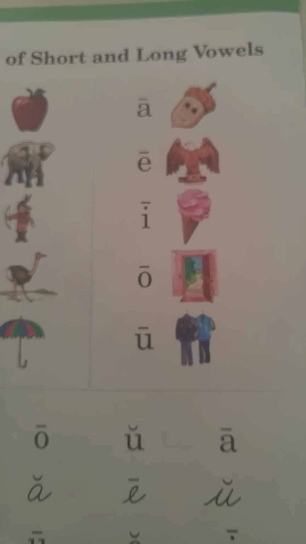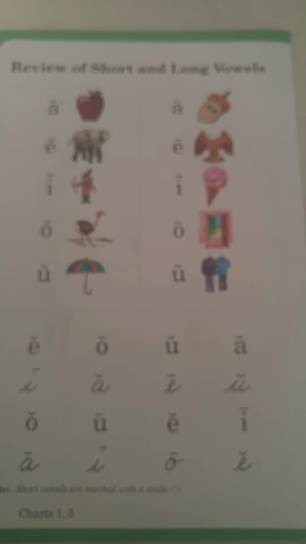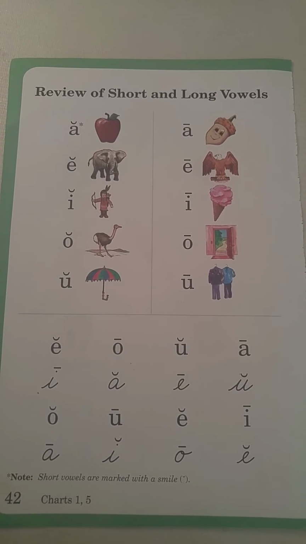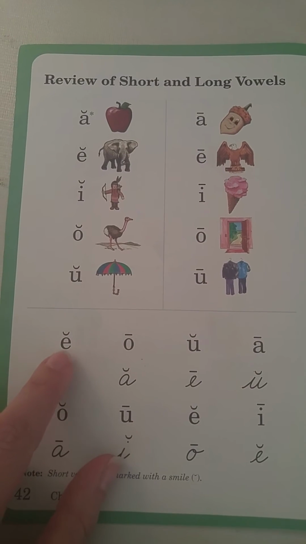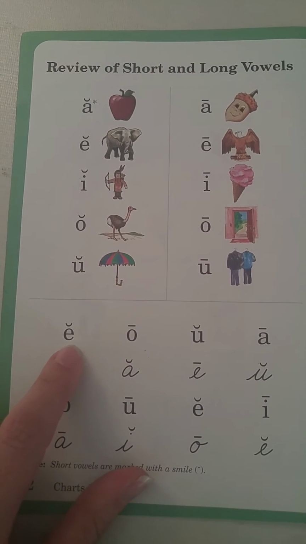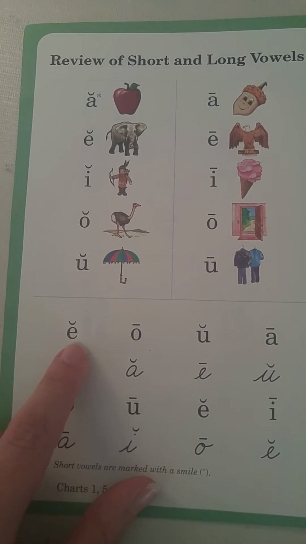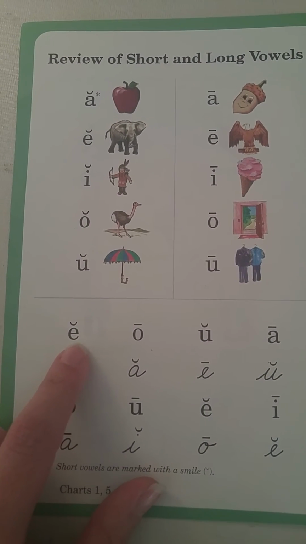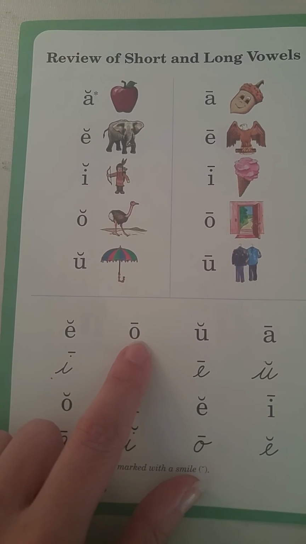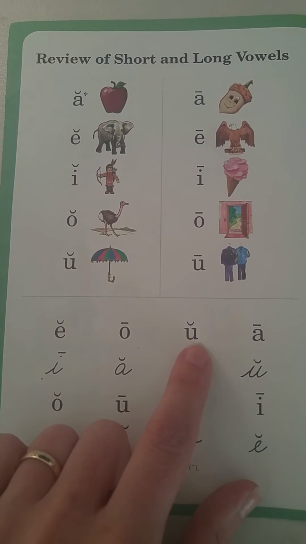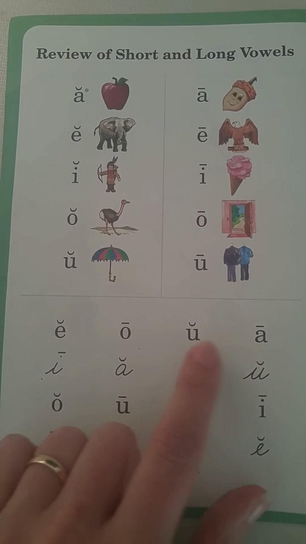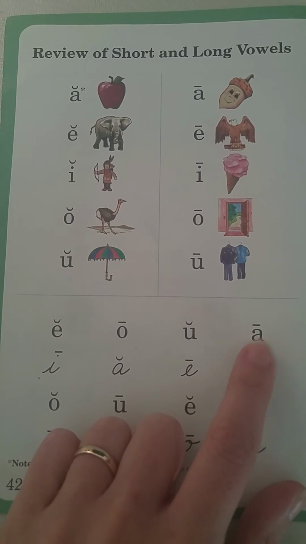So, practice your long and short vowels, okay? And then get to where you can just say the sound when you see the marking over top of the vowel. So let's do this. Let's say these together. Short E, e. Long O, o. Short U, u. Long A, a.